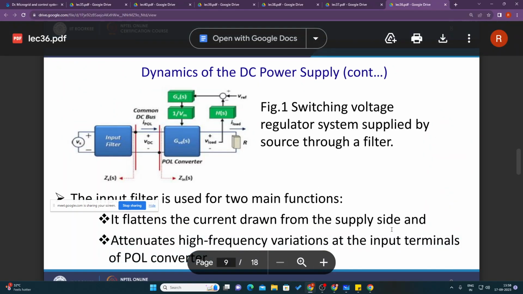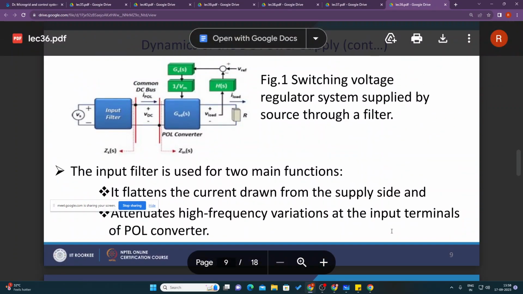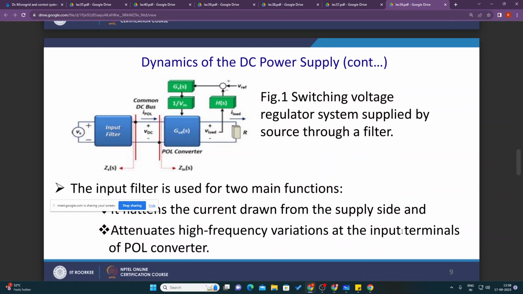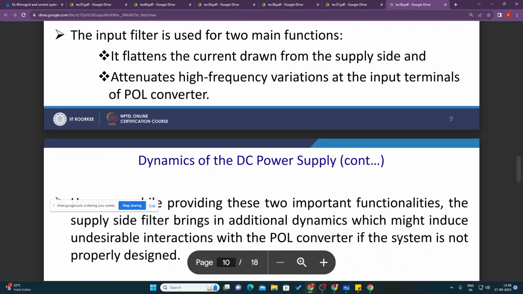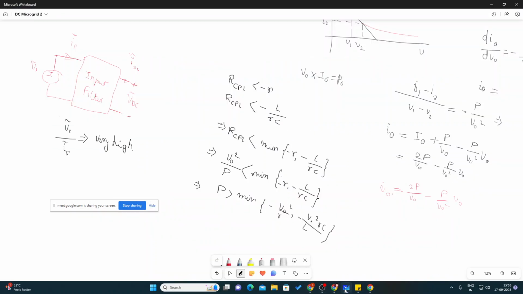Alright, so once that is ensured, the input filter will behave properly. Now the exact way of designing the input filter, you can go through this chapter in this book, Robert Erickson, Input Filter Design.